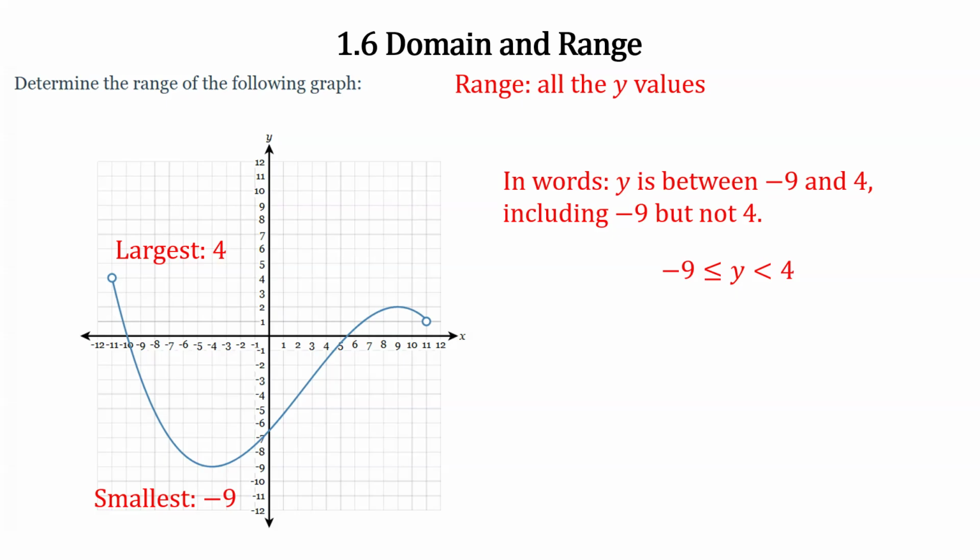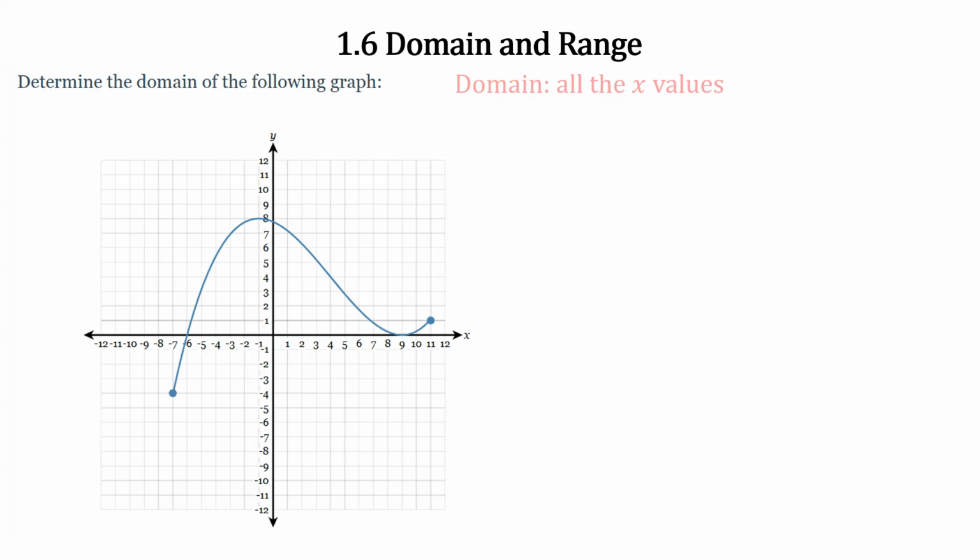Okay, one more, your turn to do domain. You're finding all the x values. Pause it here, work this one out, and come back and check your answers. Okay, now the endpoints mean something. Our smallest is -7.